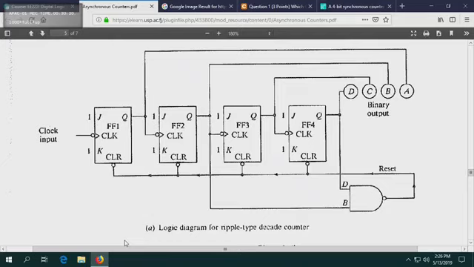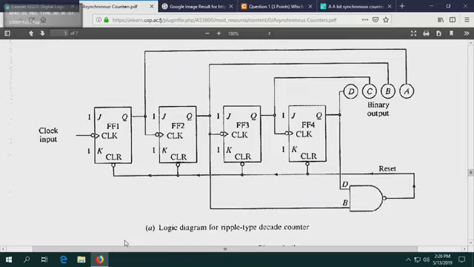Okay, let's see. The clear line comes from the NAND gate, right? What's the input into the NAND gate? It's D and B. D is flip-flop 4 and B is flip-flop 2. Now, in order for the clear line to activate, it's going to have 0, right? So, D will be 1 and B will be 1.